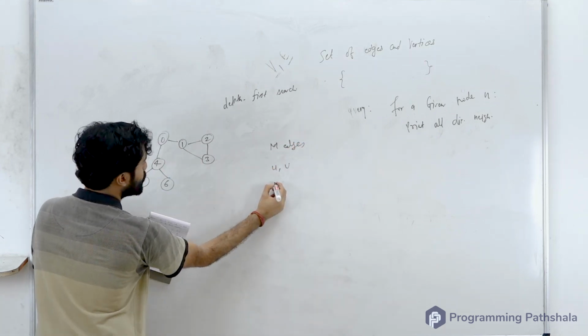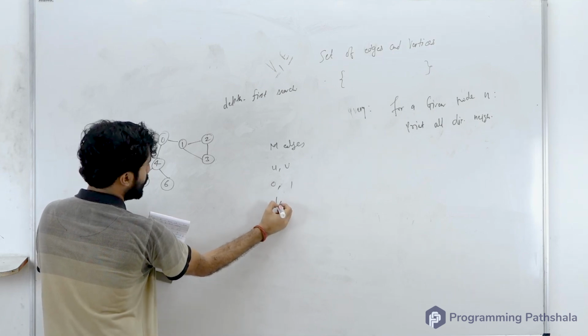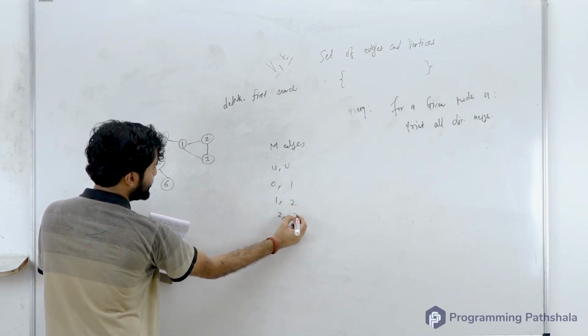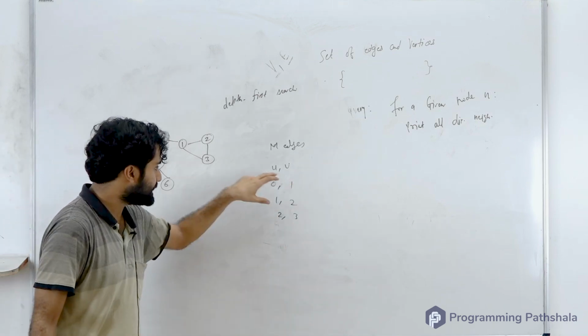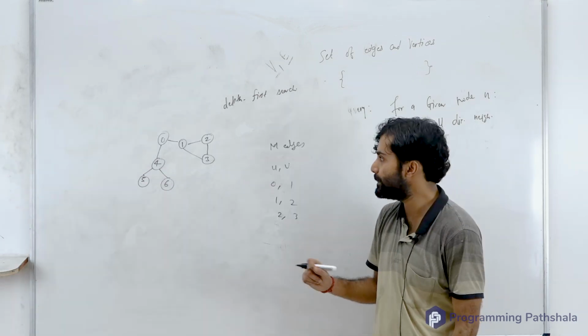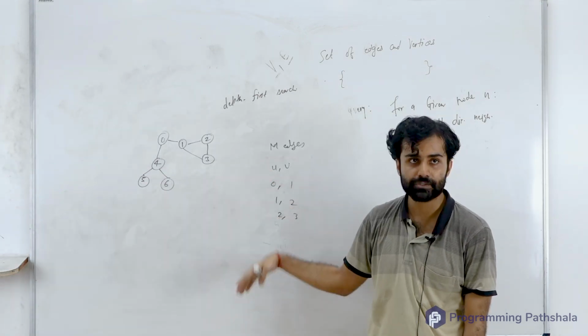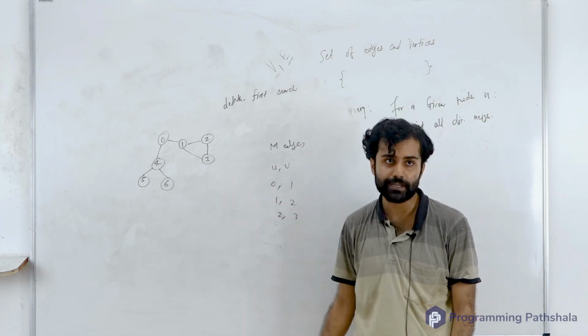So you will have 0 1, 1 2, 2 3, and so on and on, right? Based on these, you can make out what the adjacency list should be. So based on this, you can initialize your adjacency list.